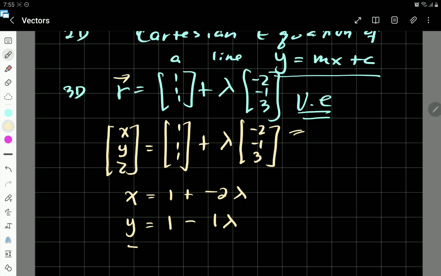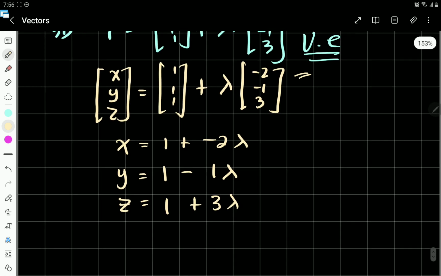And then z = 1 + 3λ. So from here, this is already actually the Cartesian equation of a line.